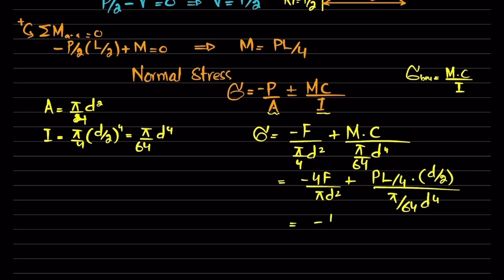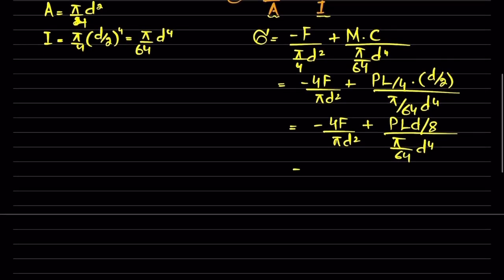So further simplify: minus 4F over pi D square plus PLD over 8 divided by pi by 64 D power 4. So further simplify it, 4F over pi D square, plus the 8 will cancel with this 8, so it will be 8PL over pi D cube, that will be equal to sigma.